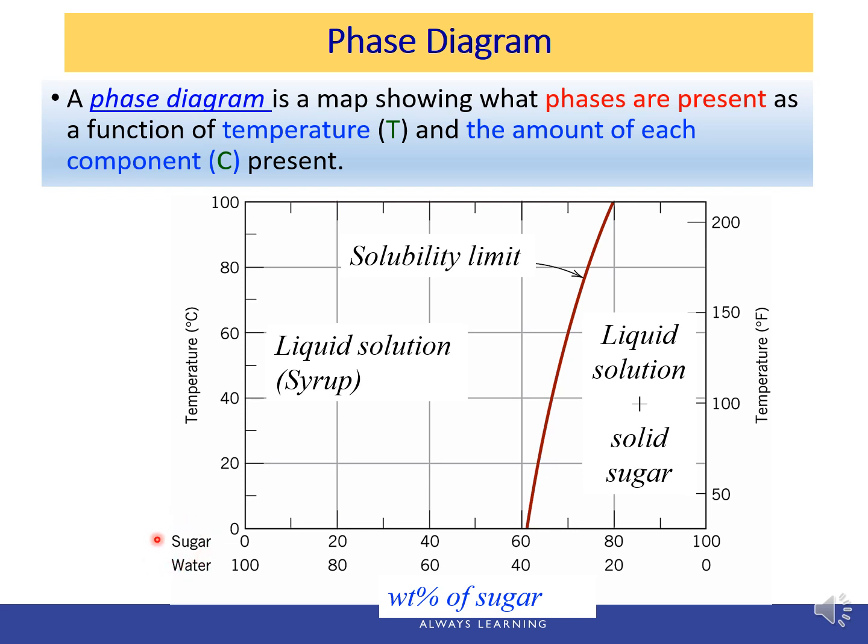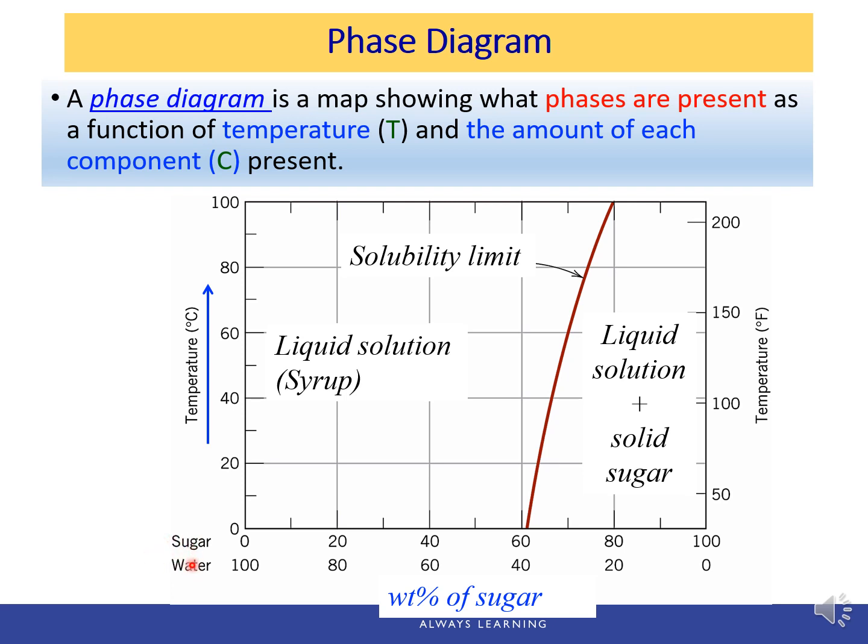This phase diagram is plotted as a function of temperature and the amount of sugar. We will only focus on two-component phase diagrams. In other words, we only have two components for each phase diagram we're going to study in this course. So in this phase diagram, the components we have are sugar and water.